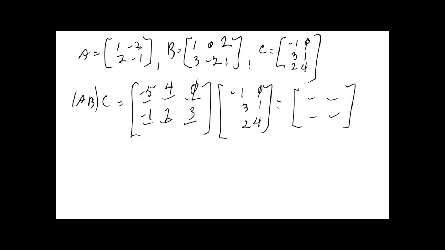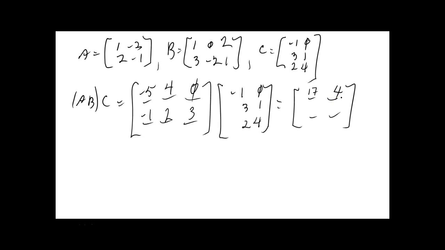For the first blank, row 1, column 1, that's 5, then 12. So that'd be 17 plus 0, so 17 for the first blank. For the second blank, you have 0 plus 4, so it'd be 4.